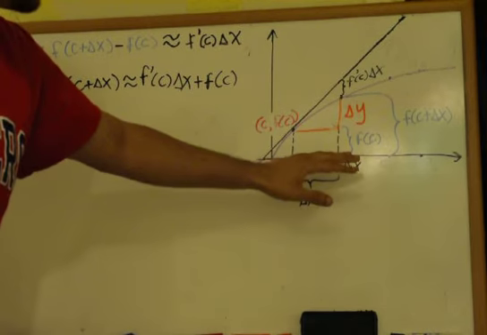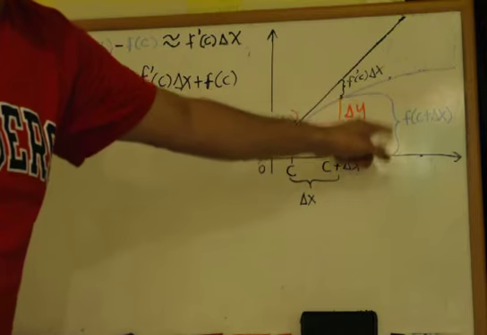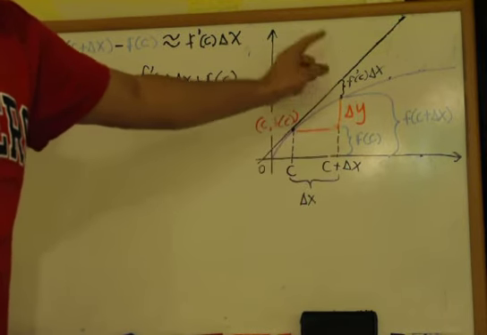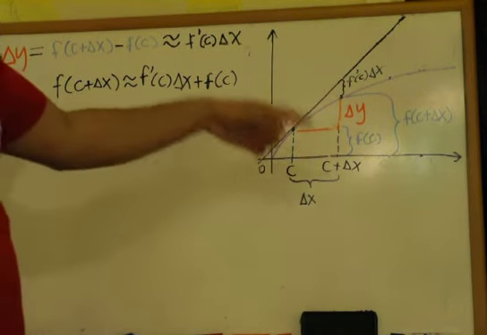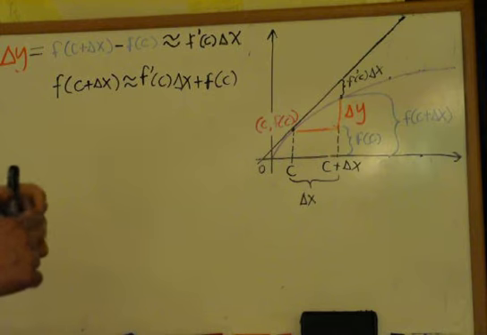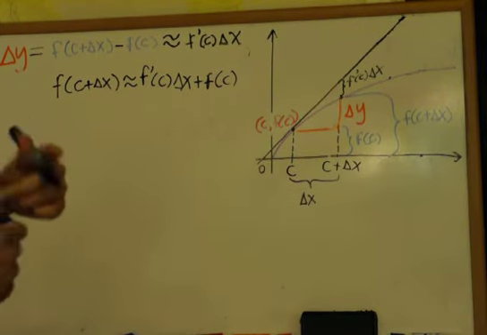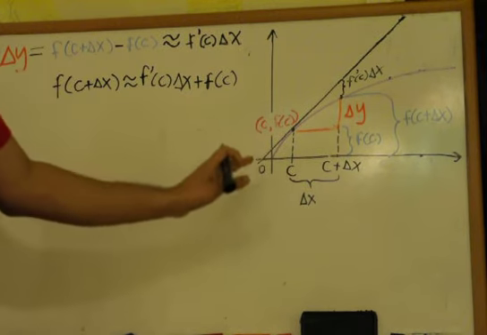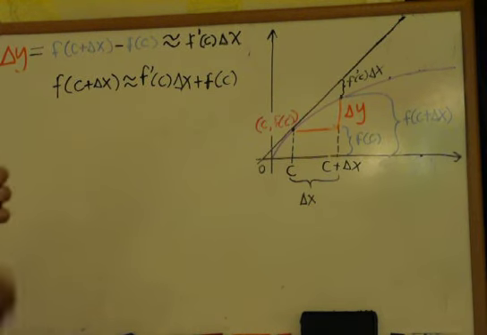I showed you graphically that this delta y and this actual height is approximated by f of c plus f prime of c times delta x. But mathematically, I would like to show you a little more concretely. This tangent line is a straight line. So now we can use point slope form.